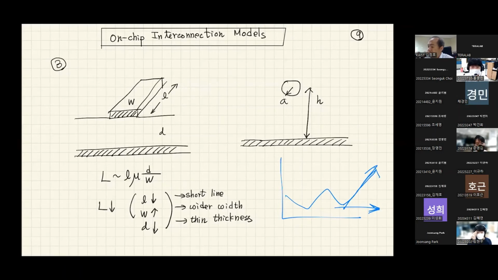Let's assume that you have a ground metal plane, and a metal on the top, and I'm assuming that the length is L, the thickness between the power and ground metal is D, and the width of this metal is W. Then roughly, inductance is most importantly proportional to the length of this interconnection.